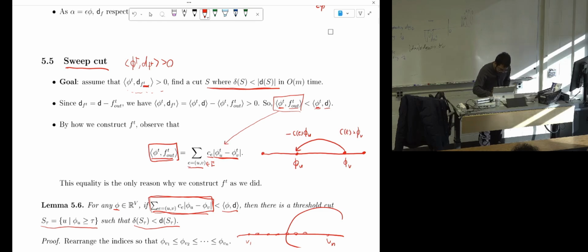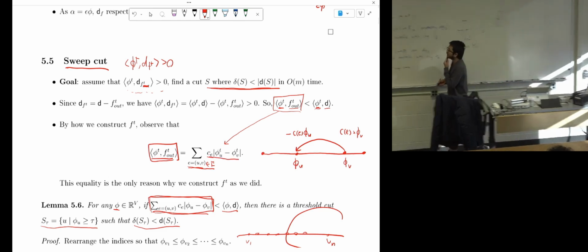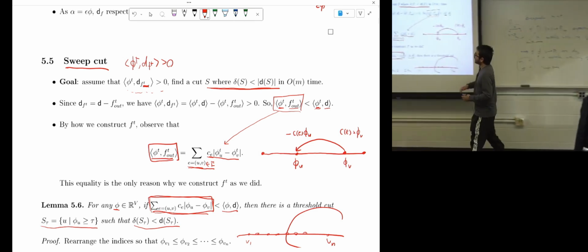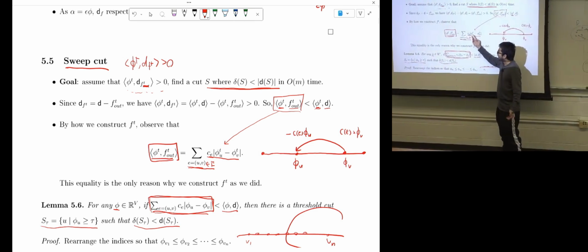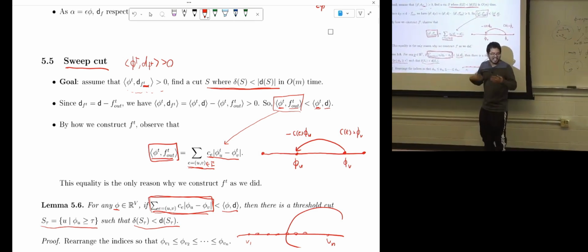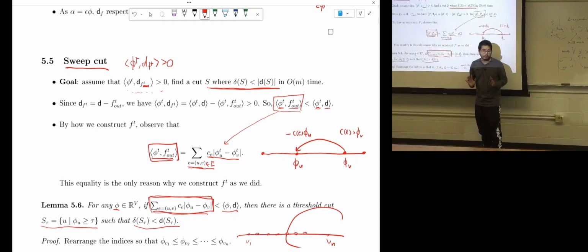Summing over all edges, you multiply the capacity of this edge with the difference of potential. So each of these terms is always positive. And why is this the case? We get this equality exactly by how we construct the flow on each round.